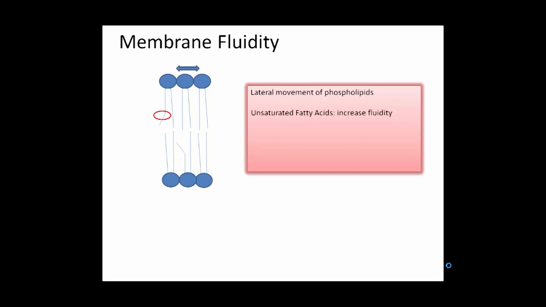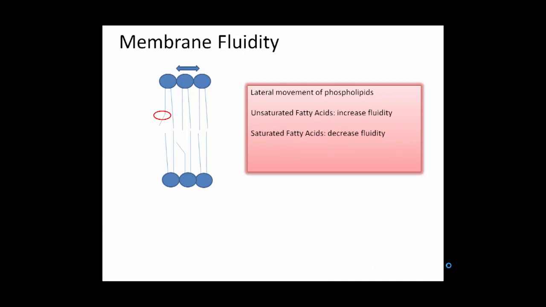Okay, so if you need to increase the fluidity, like in cold weather, cold adapted organisms, then you're going to have lots of unsaturated fatty acid tails, because that bent fatty acid tail is going to act as a spacer. It's going to prevent the molecules from stacking close to each other and solidifying.